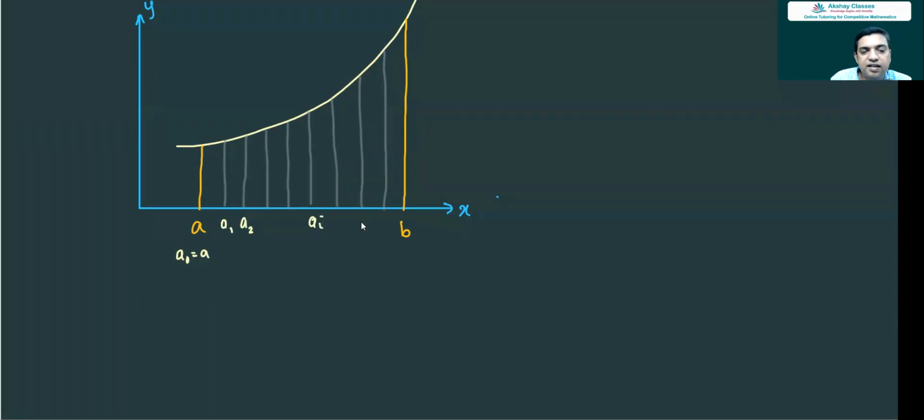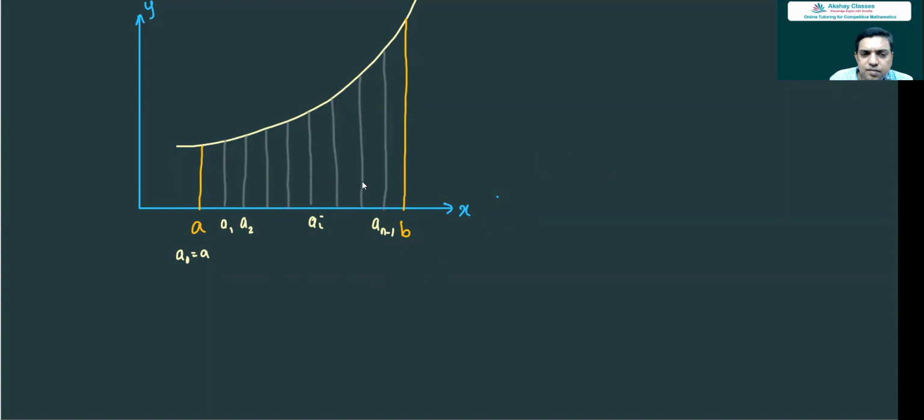This is ai, and so on. B minus a. Of course, I don't want to commit that these are equal intervals as of now. This will be a n minus 1, and a n will be equal to b.